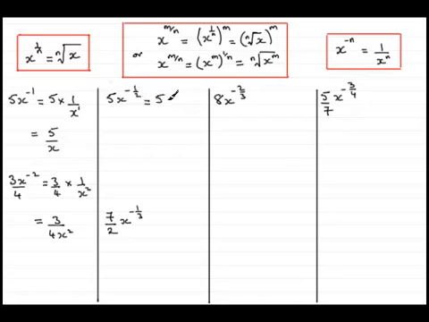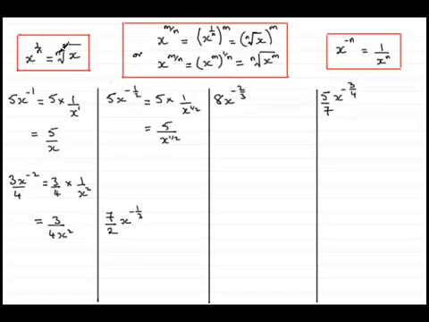We know that x to the minus a half, using this rule here, will be 1 over x to the half. Multiply the fractions together, just like we did over here, and you're going to end up with 5 over x to the power half. But in this example, we've got the fractional power, x to the power half. So we can simplify it further, if we wish, by using this rule.